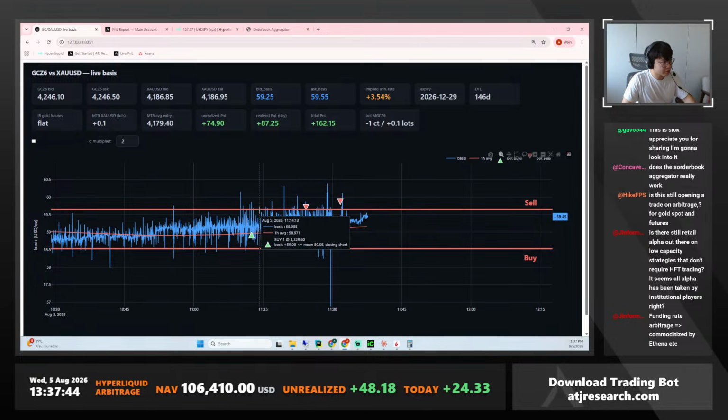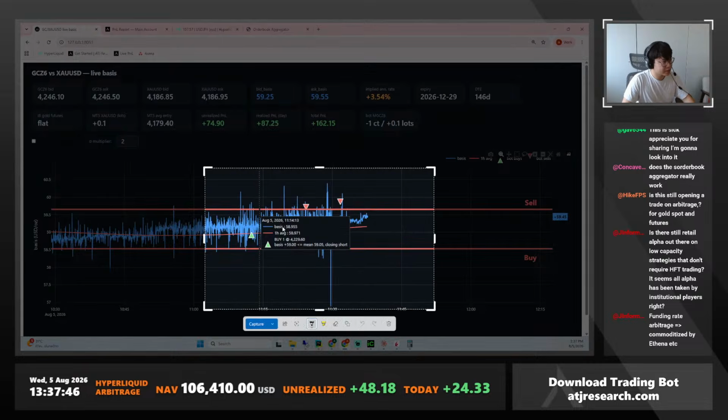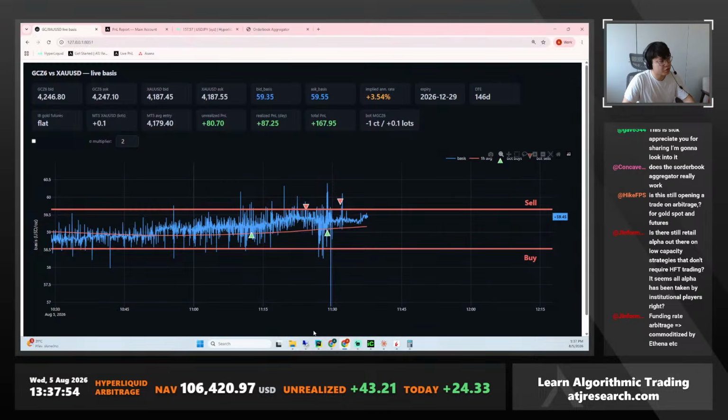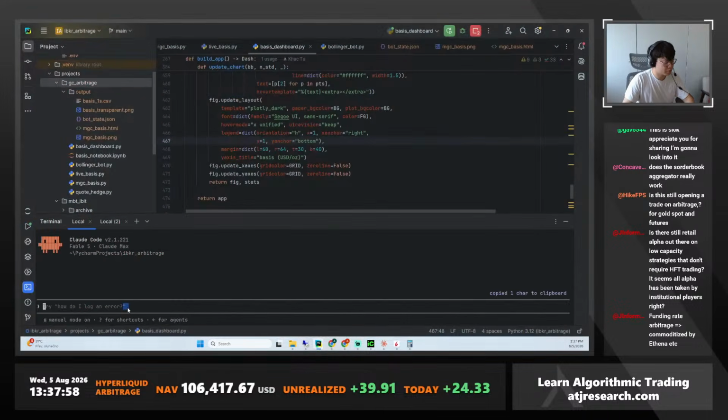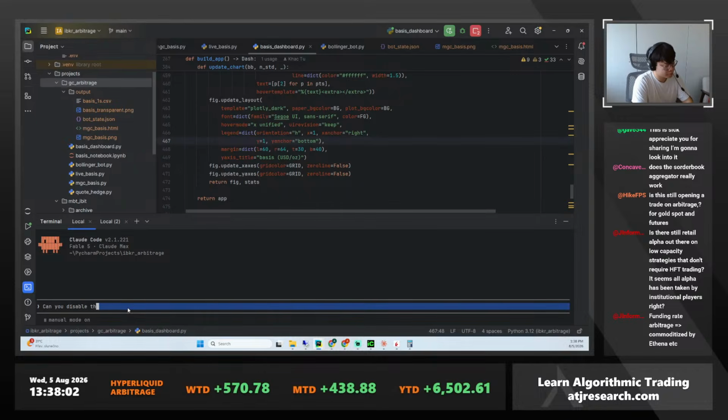And I'm going to tell Claude that this thingy is a bit annoying, so I want to disable the hover card. Can you disable the hover card?